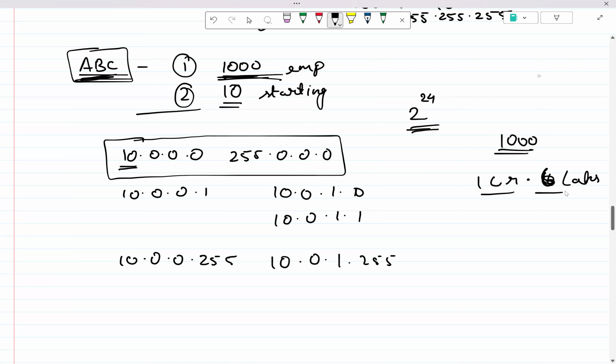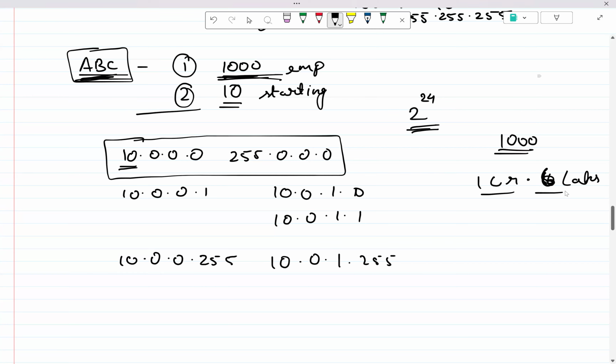So we have to come up with some solution where we can save the IP addresses and give only the IP addresses that are required by the customer. He wants 1,000 IP addresses and he wants addresses starting with 10. We will give only 1,000 IP addresses. So what is going to happen?